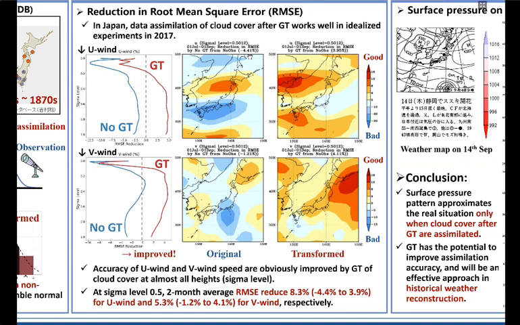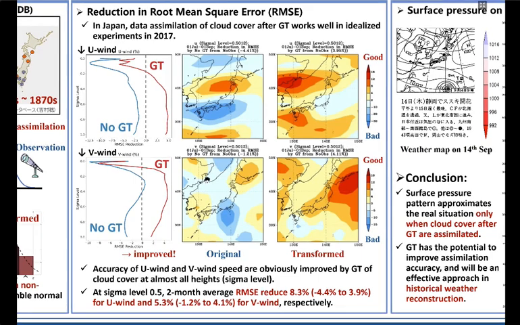The number in each title shows the 2-month average of reduction in root mean square error. So we can say that at sigma level 0.5, the 2-month average root mean square error can reduce 8.3% for U wind speed and 5.3% for V wind speed, respectively.